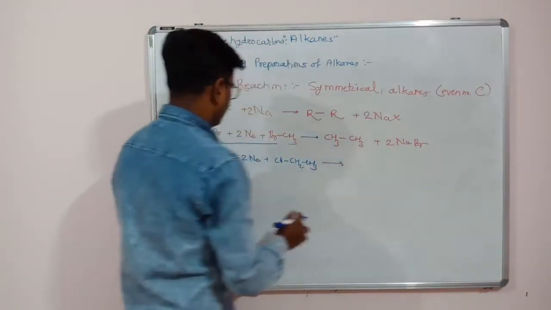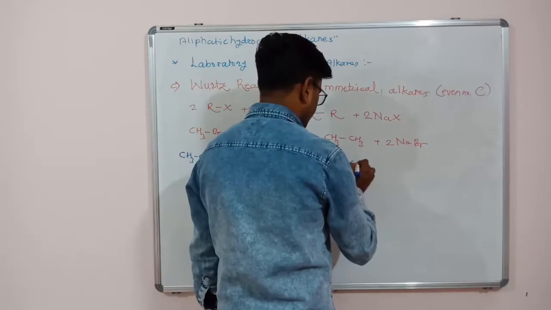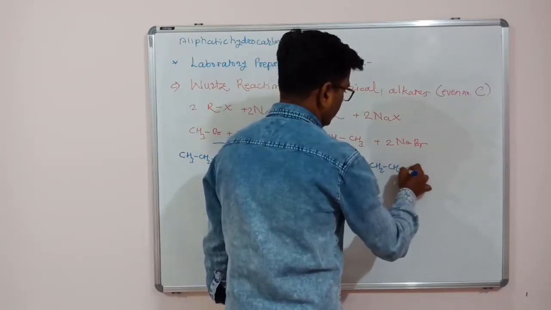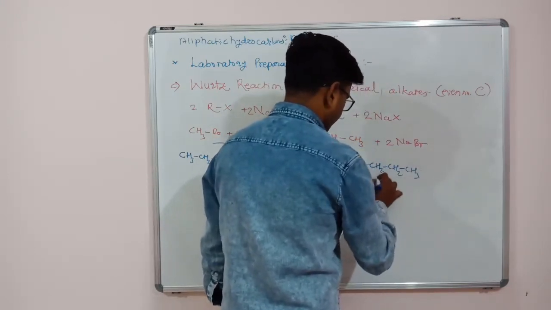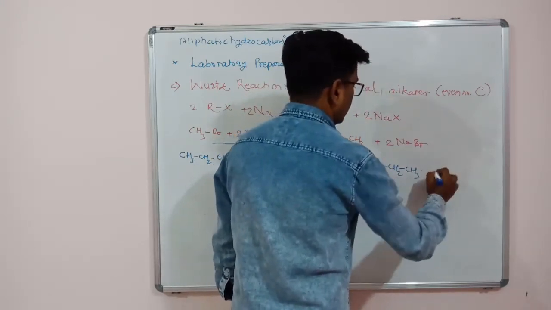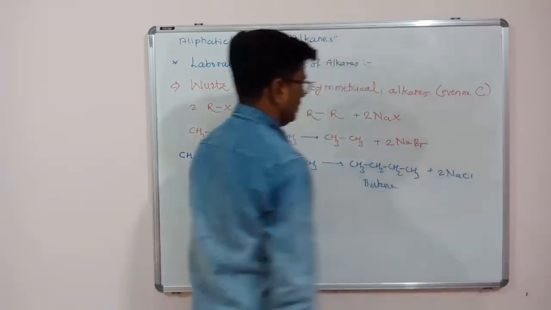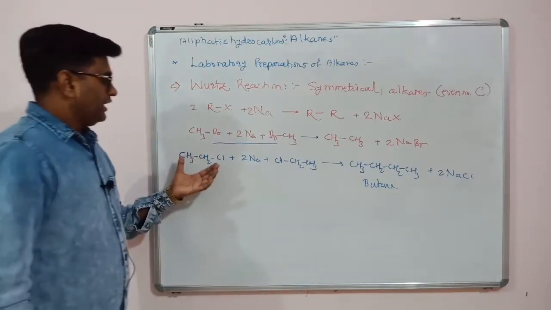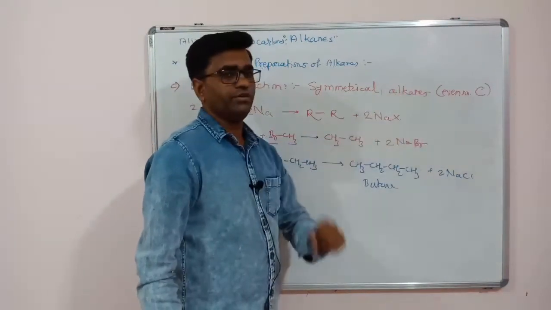So we will get a product. So ethyl groups will combine with each other. So 2 carbons plus 2 carbons. The product will have 4 carbons, that is butane, plus 2 moles of NaCl. So in this way, for even number of carbons we will get a very good yield.